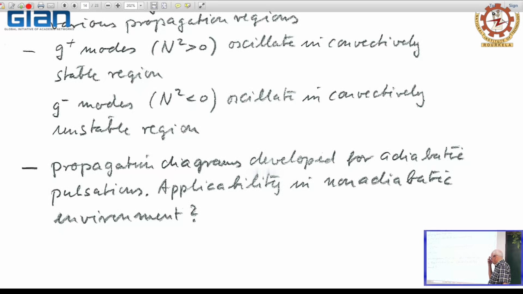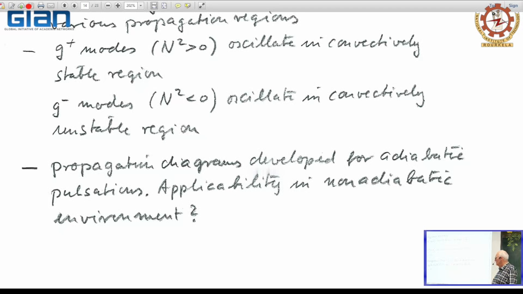So you have to be careful once you interpret the behavior of a certain mode with respect to propagation, and you have a highly non-adiabatic environment. So actually it's found to be applicable, but you should be aware that it's not derived for this case, and in certain cases you may get misinterpretations, so be careful.